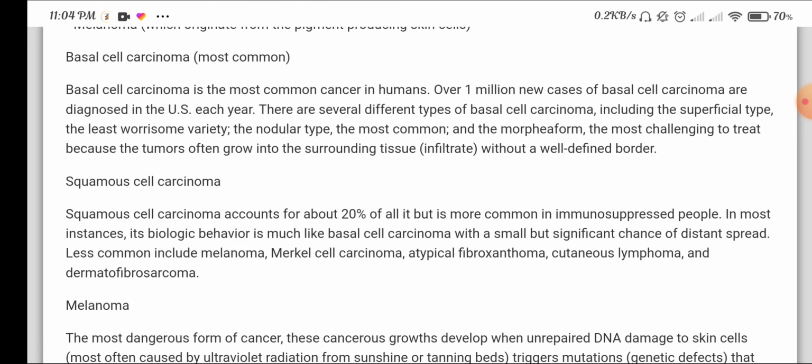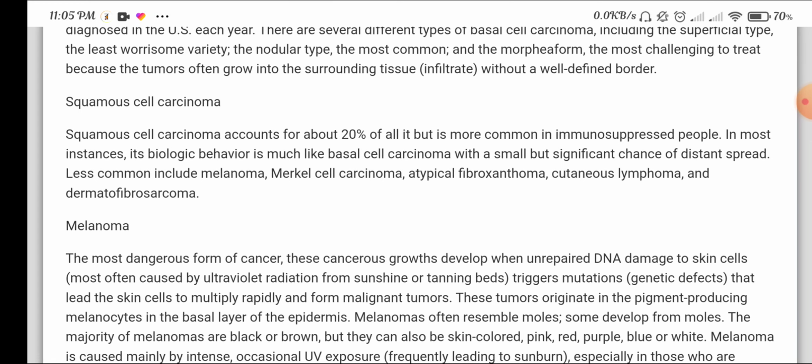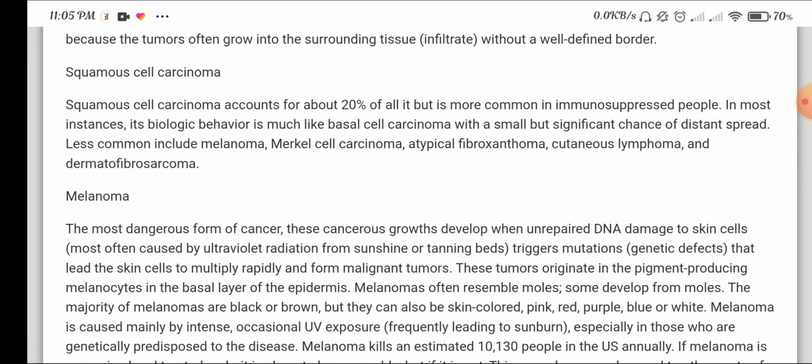Squamous cell carcinoma accounts for about 20% of all skin cancers, but is more common in immunosuppressed people. In most instances, its biological behavior is much like basal cell carcinoma, with a small but significant chance of distant spread.